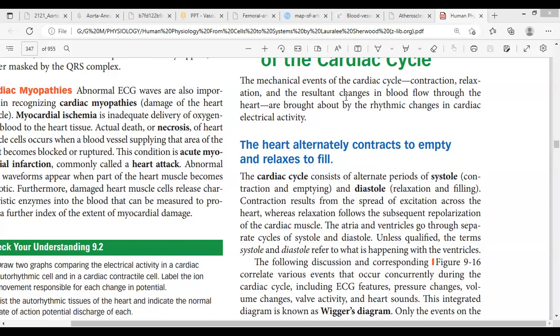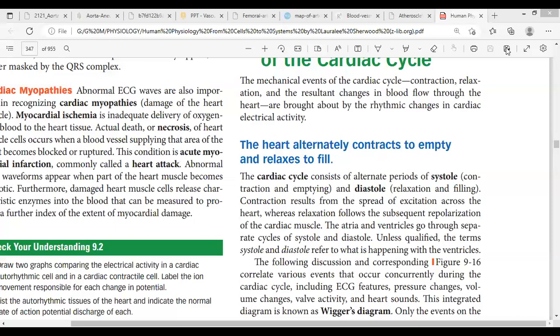So contraction and emptying. I'm assuming by emptying it's when the heart is removing the deoxygenated blood and taking it to the lungs. And then diastole is relaxation and filling, so that's when it gets the blood from the lungs.